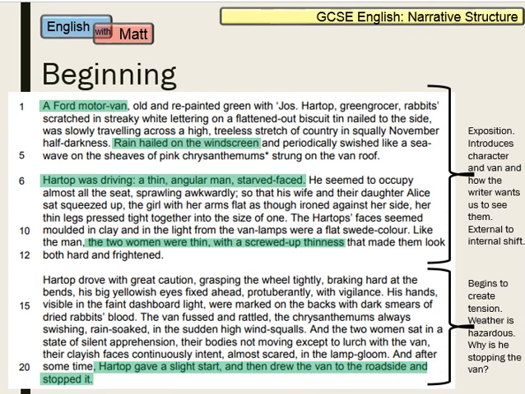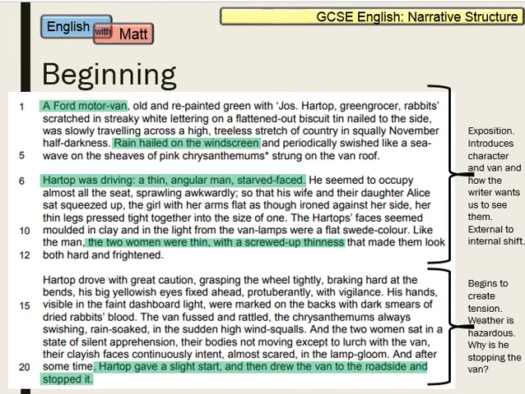He seemed to occupy almost all the seat, sprawling awkwardly, so that his wife and their daughter Alice sat squeezed up, the girl with her arms flat as though ironed against her side, her thin legs pressed tight together into the size of one. The Hartops' faces seemed moulded in clay, and the light from the van lamps was a flat swede colour.